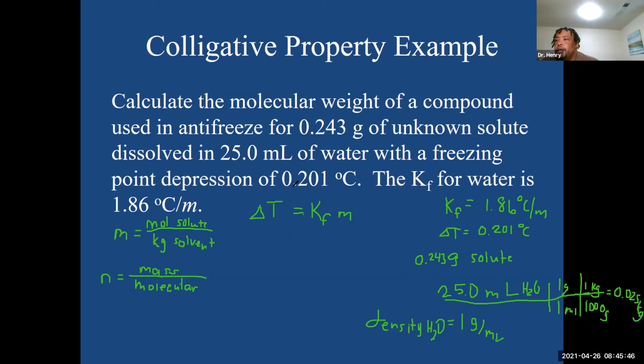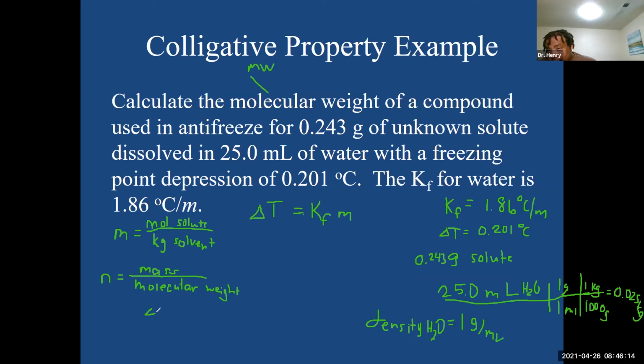So if we go ahead and plug in everything into our equation here, right? We're looking for the molecular weight. I'm going to start using MW for molecular weight. So if I want to solve for my molecular weight, I need to plug all of this stuff in.